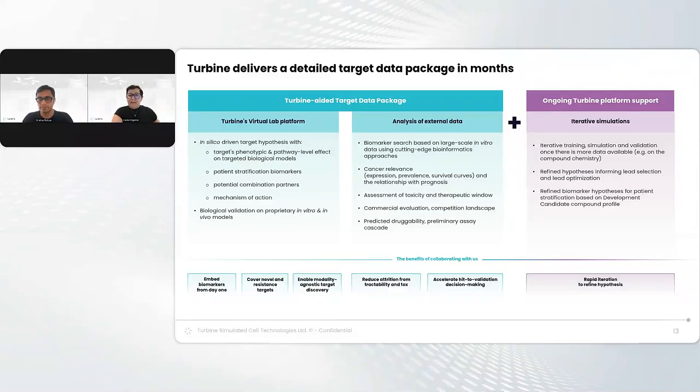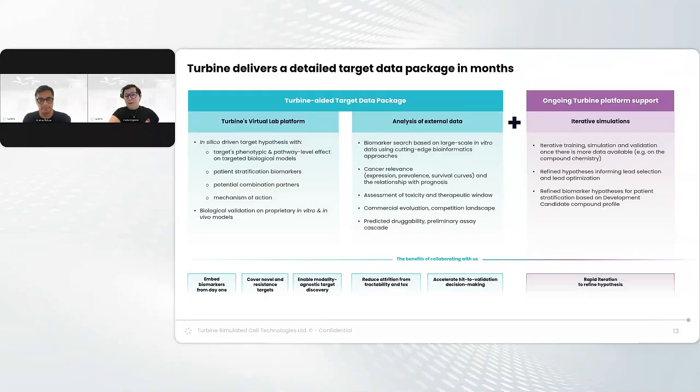So this is, in a nutshell, what the virtual lab platform and the simulation can provide to this target data package. But we are also linking this information with very important data like cancer relevance of the given perturbation, frequency, for example, of the biomarker candidates within the patient population, and assessment of toxicity and therapeutic window that Krishna also mentioned.